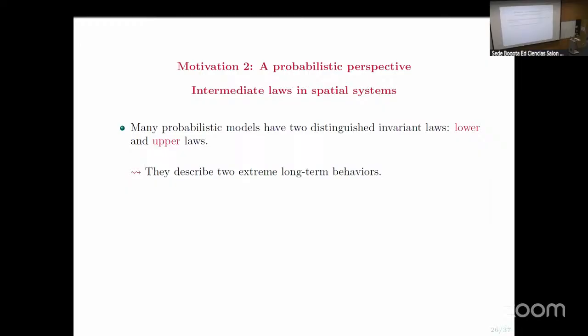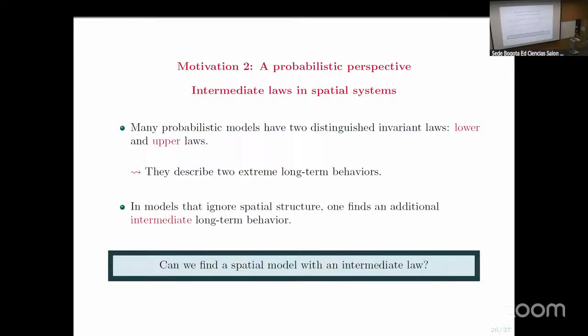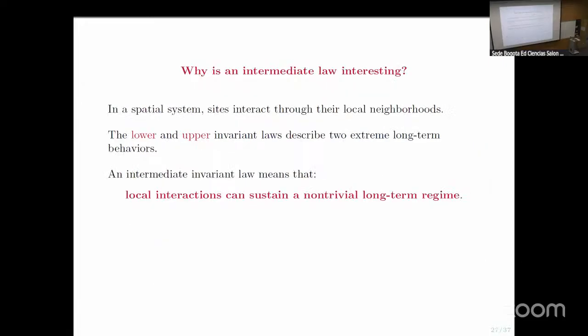Usually in probabilistic models you have two laws, the lower law and the upper law, but it's not easy to find models that have an intermediate invariant law. We wanted to find a spatially dependent model with an intermediate invariant law. So the question was, can we find this kind of model?